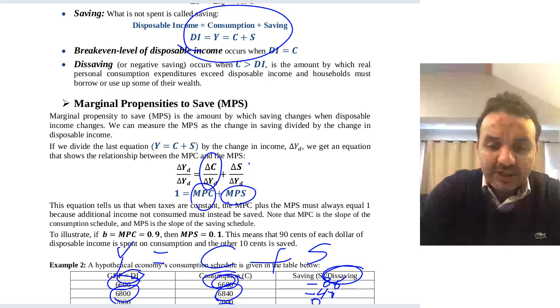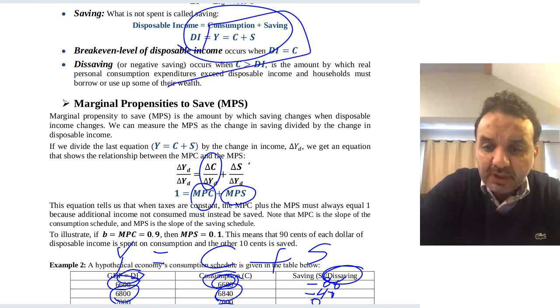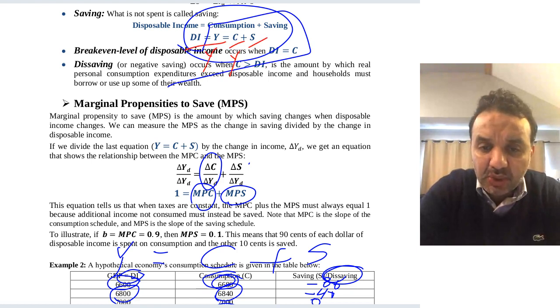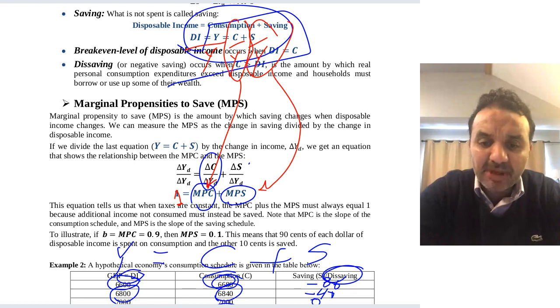How did I get this formula? Basically, this is the formula we have, right? If you multiply both sides by y, y over y equals 1. Change in consumption over change in y gives you MPC. Change in saving over change in income gives you MPS.